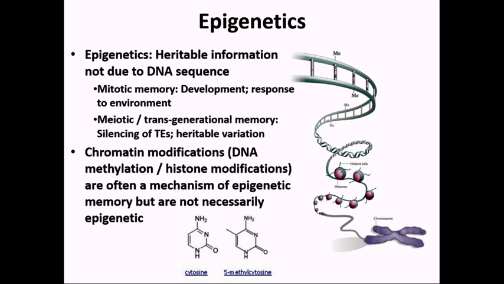Okay? When we talk about epigenetics, many people's minds immediately think about chromatin modifications, things like DNA methylation and histone modifications. These certainly are present and are a mechanism for most of the examples of epigenetics we know of. However, I would argue that often you can get these changes and not have them be epigenetic as well.